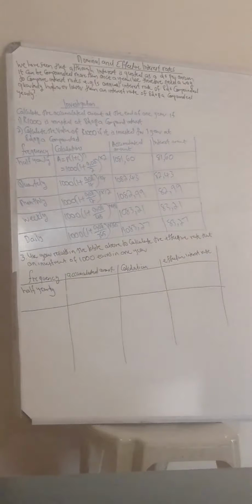The accumulated amount we already calculated: it is 1,081.60. Now the calculation uses the future value formula. The future value is 1,081 rand 60. The principal P is 1,000, into 1 plus i. This is the formula.